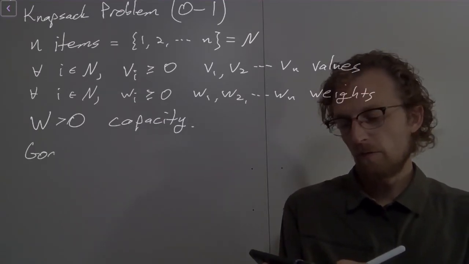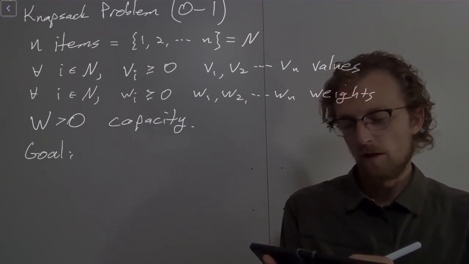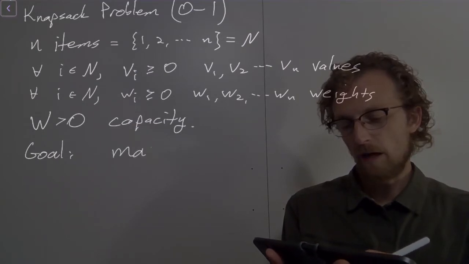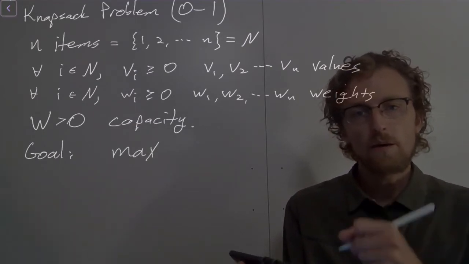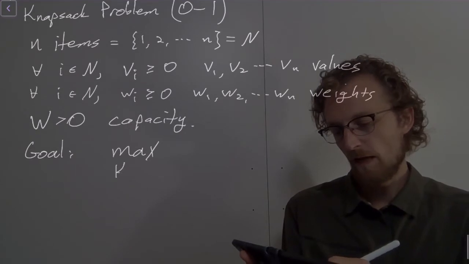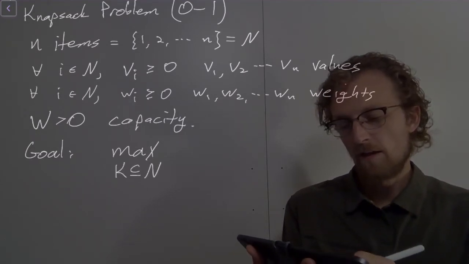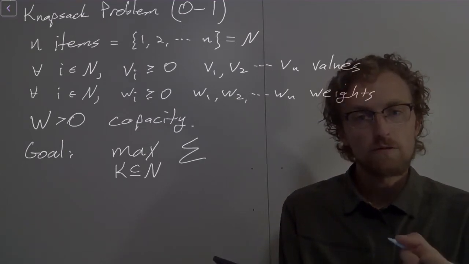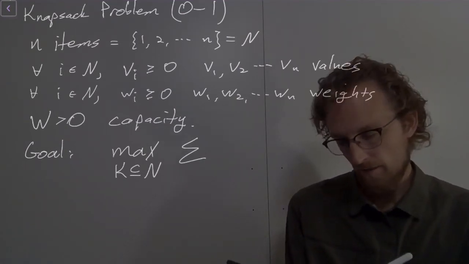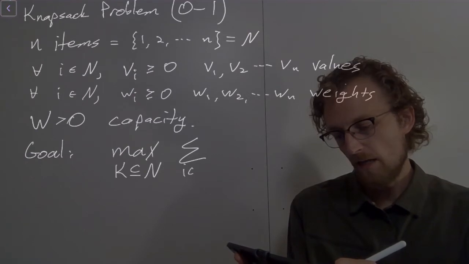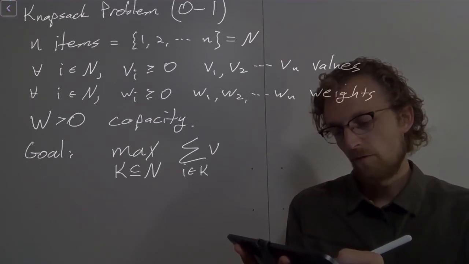So mathematically, what I would say is I want to maximize over all subsets of N. So maximize, where K is a subset of N, the sum over i in K of vi, right?